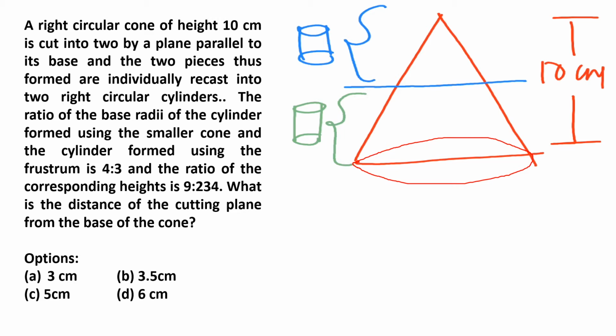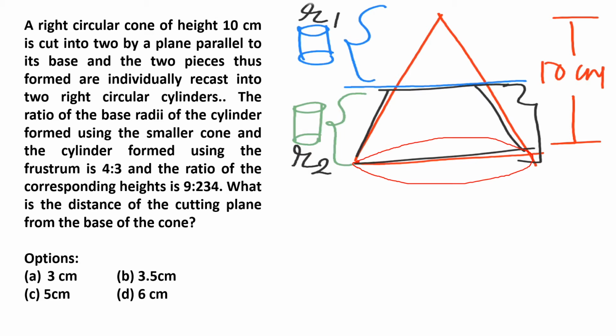The ratio of the base radii of the cylinders: the cylinder formed using the smaller cone has base radius R1, and the cylinder formed from the frustum, this one, has radius R2.